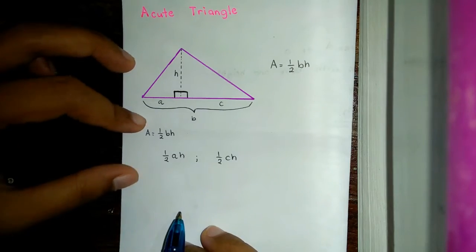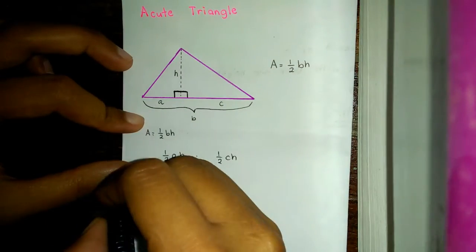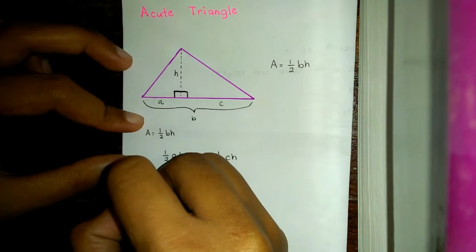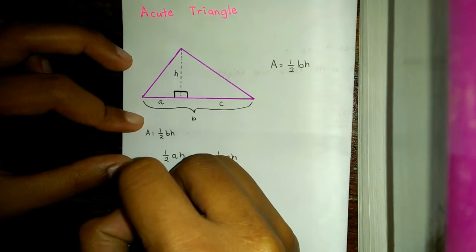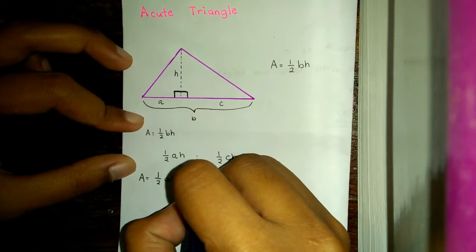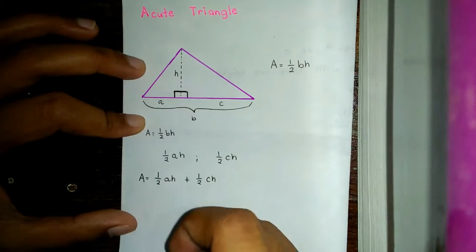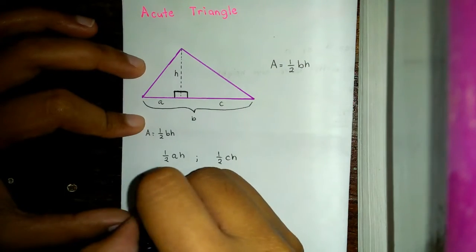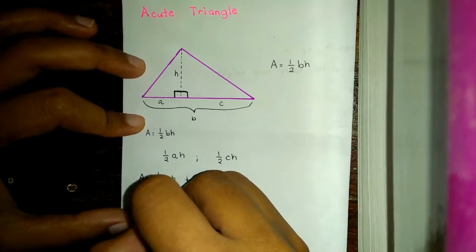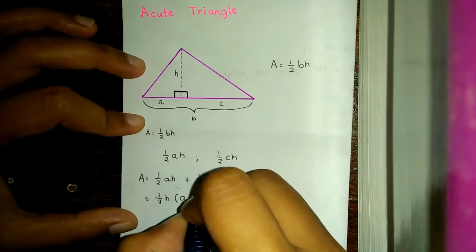Adding this to get the area of the bigger triangle, we have A is equal to 1/2 ah plus 1/2 ch. Now factor out 1/2 h. So a plus c.